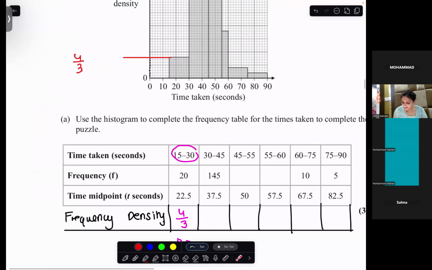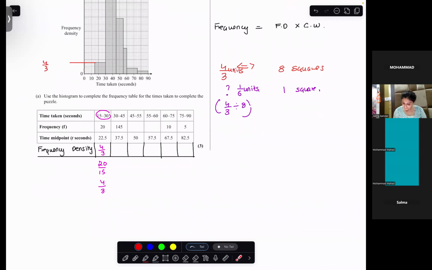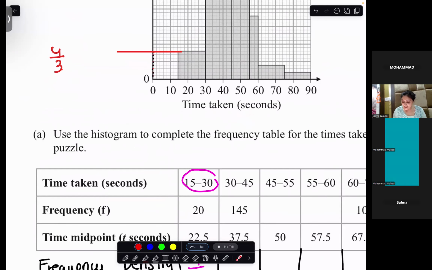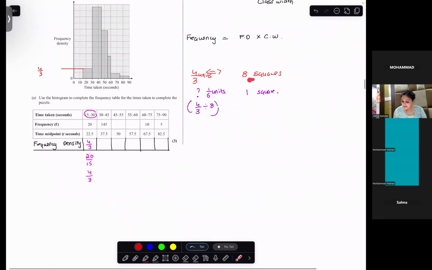Understand? 4 by 3 is the frequency density of my class interval 15 to 30. So I would say 8 squares is representing 4 by 3. We counted the number of squares, so I said 8 squares is representing 4 by 3 units.